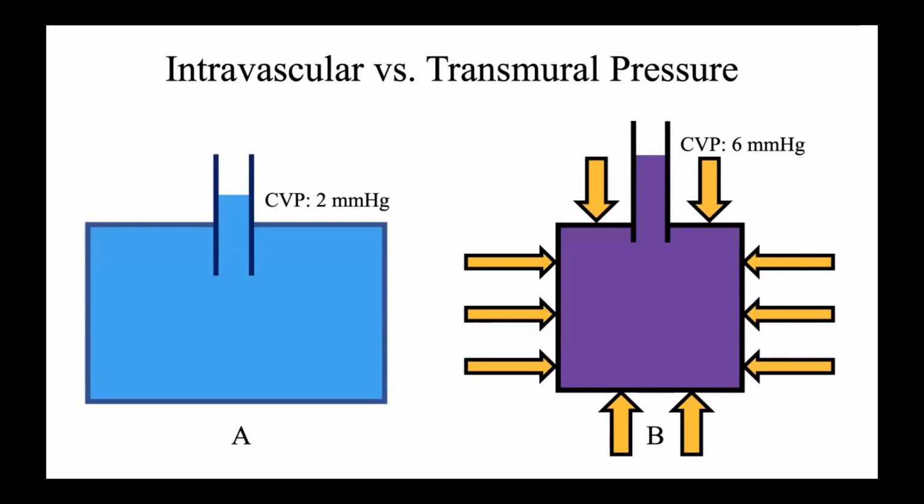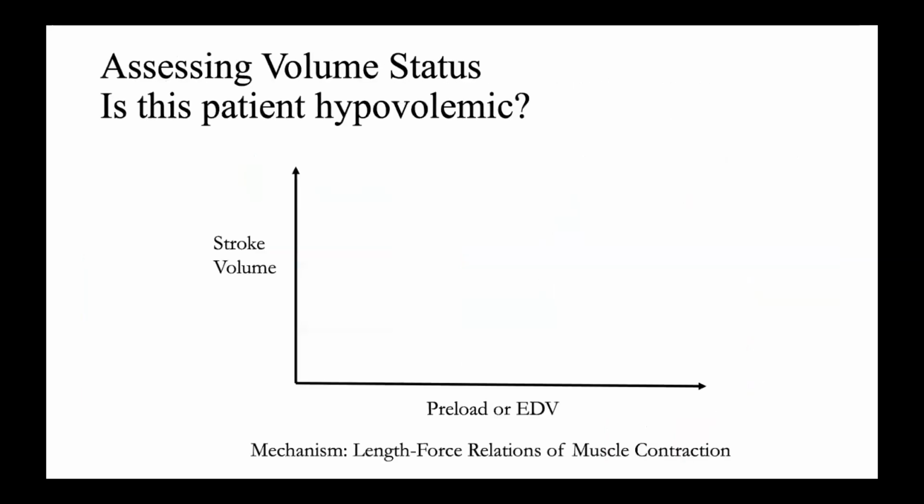However, we must remember that the heart and the great vessels are within the pericardial cavity, which itself is in the chest, and if there is increased pressure inside the chest or the pericardium because of some reason, such as pleural effusion or pericardial effusion or pericardial tamponade, then the CVP will be falsely elevated. So, for the same preload or for the same volume, the measured value of the central venous pressure will be increased.